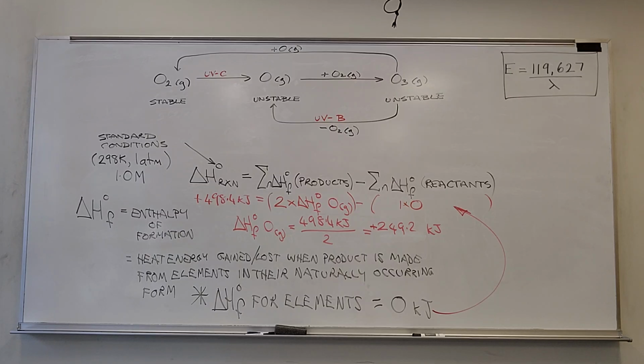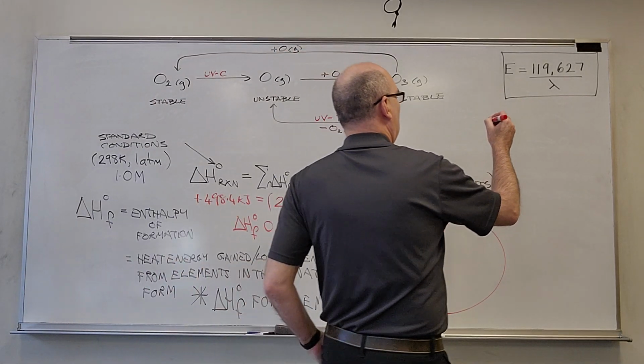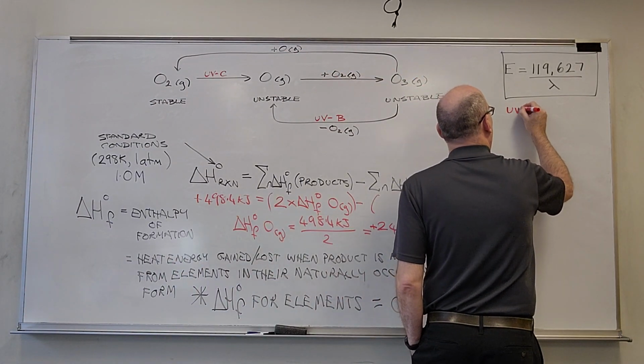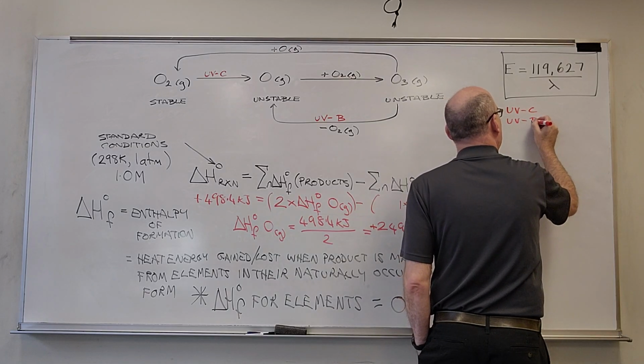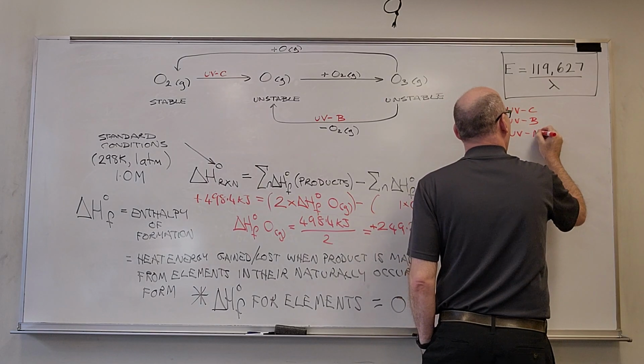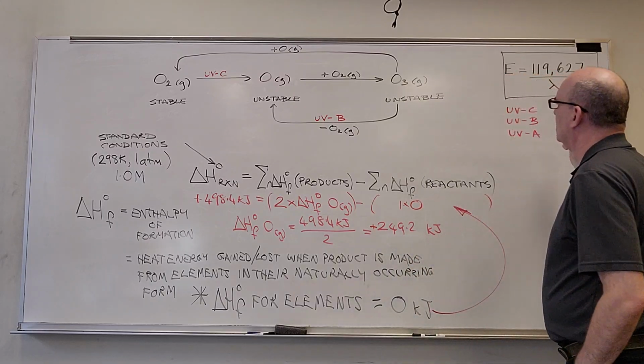UVC, UVB, UVA on this table give us that. UVC is 200 up to 280. So I'm going to do UVC, UVB, and UVA in reverse order.